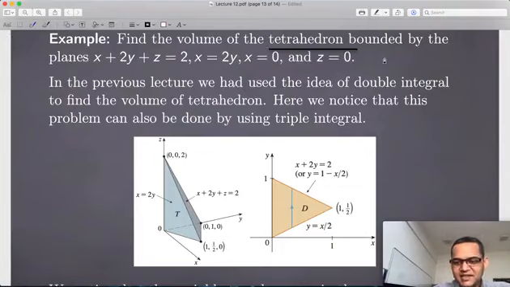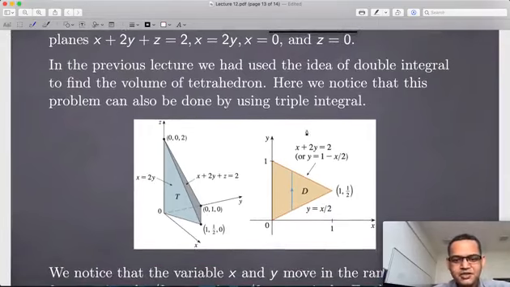Okay, but here we can also use the triple integral. I'll tell you how. So already you have the domain in the xy plane, and you see the limits for the z variable. So z is from z equal to 0, which is the xy plane, to this surface which is given by this. So if I bring in one more integral, that is going to give me a triple integral.